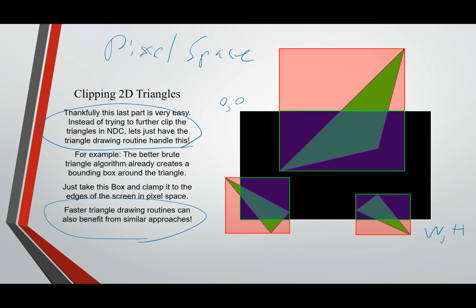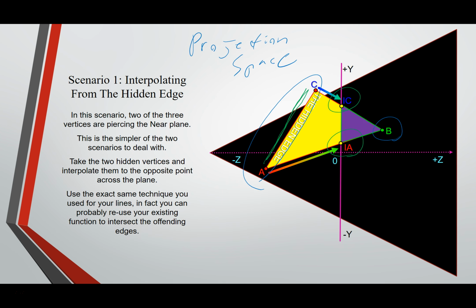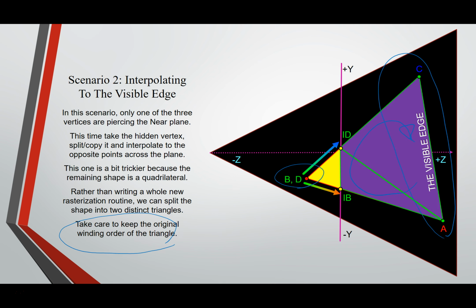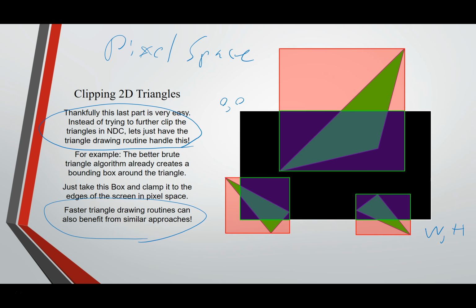I just personally think that slightly cutting down a bounding box is far easier to do than clipping it completely mathematically in NDC. But you could certainly do that. I guess if you made these functions generic enough that they worked on any plane, then you could maybe copy and paste or recall the functions or what have you. But like I said, I think the pixel method might be easier.